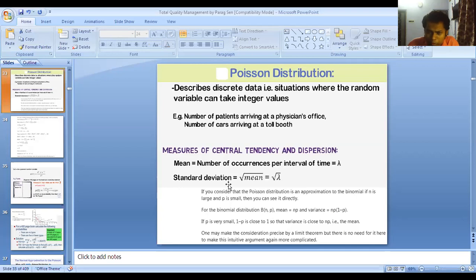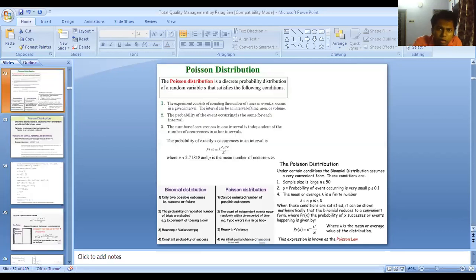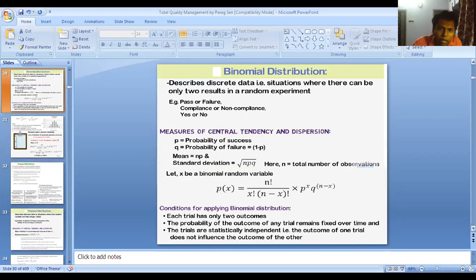You will see that the likelihood function of the binomial distribution is given by n and p. There is n, x is obviously there, x will be the independent variable, and p is also there. Q is nothing but 1 minus p.